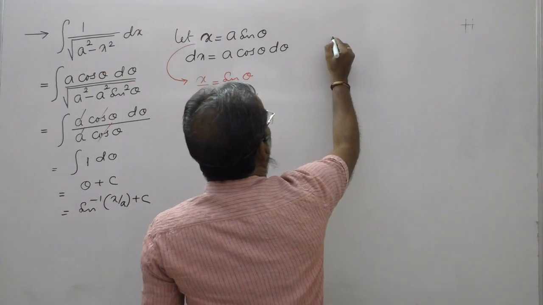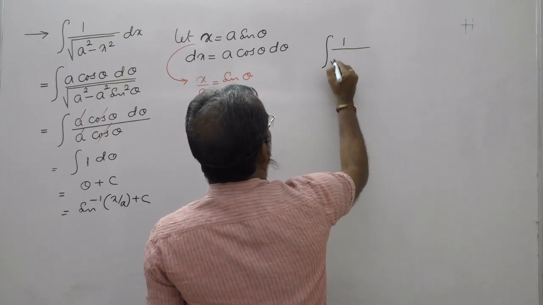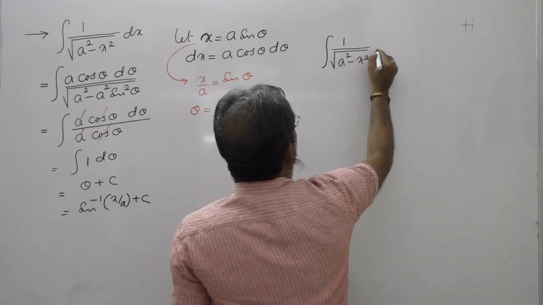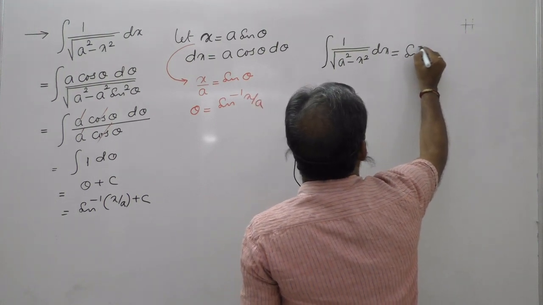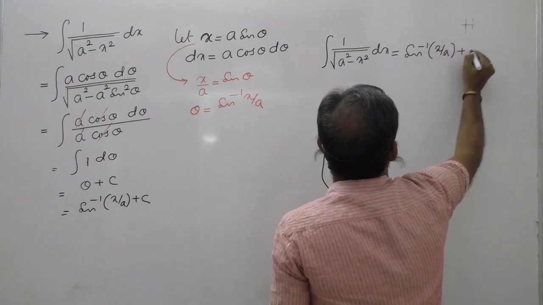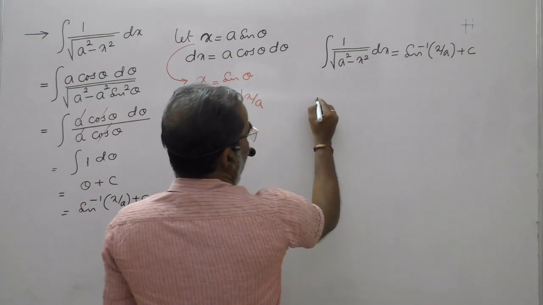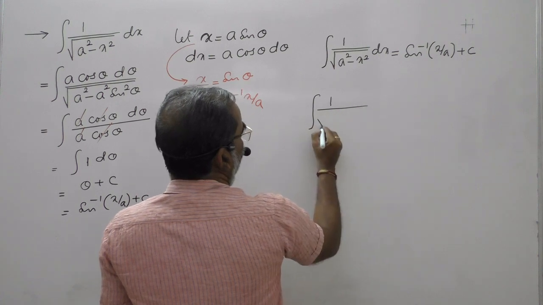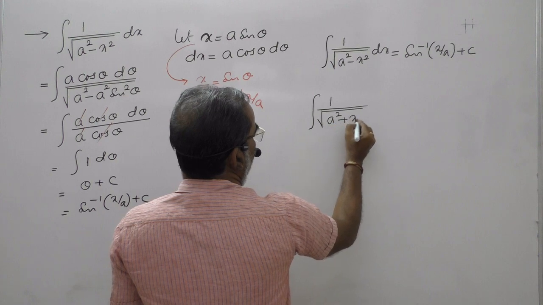So we obtained a formula here. Integral 1 divided by root over a square minus x square into dx is sin inverse of x by a plus c. This is one more. Similarly, there will be 2 more of the same fashion. 1 divided by root over a square plus x square.